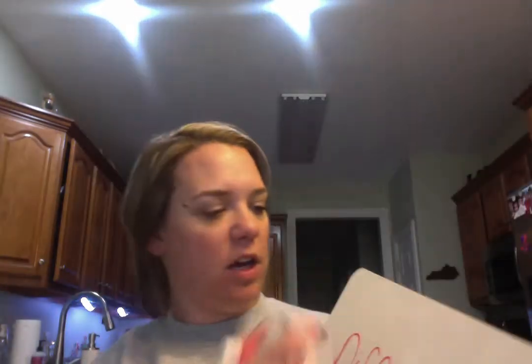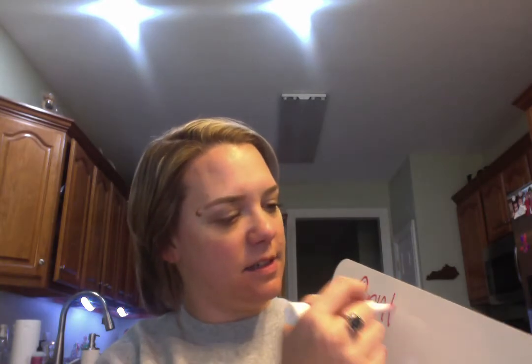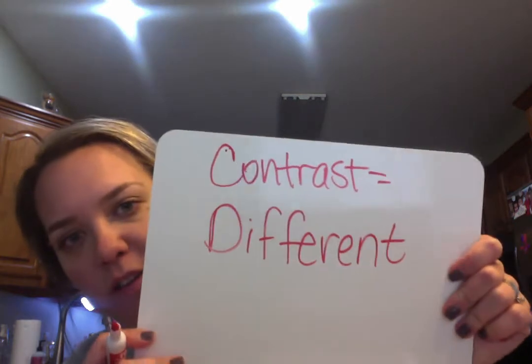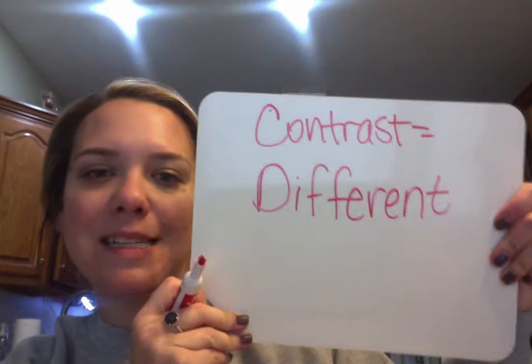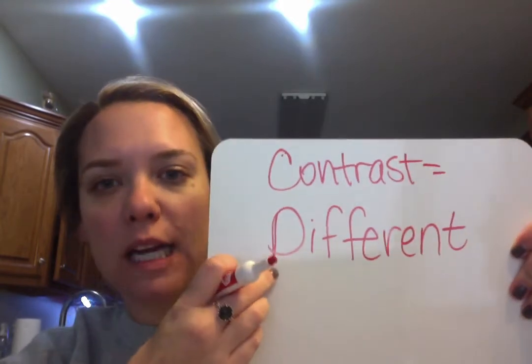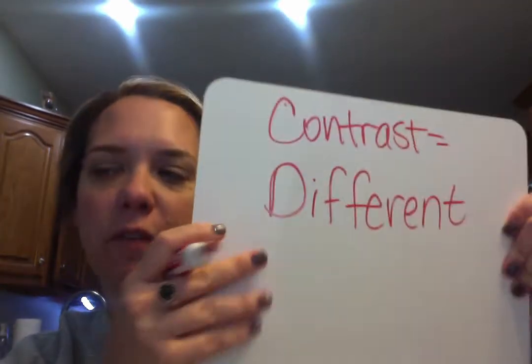All right? Contrast equals different. How are they different? If it says compare, that's going to be the same. Today you're looking at how warm-blooded and cold-blooded animals are different. All right. So focus on that. So that is your reading passage for today.